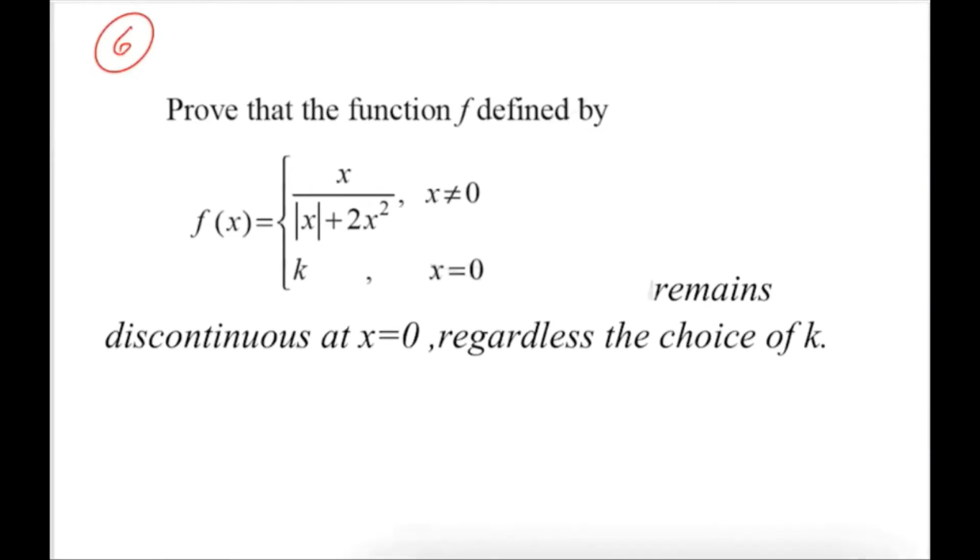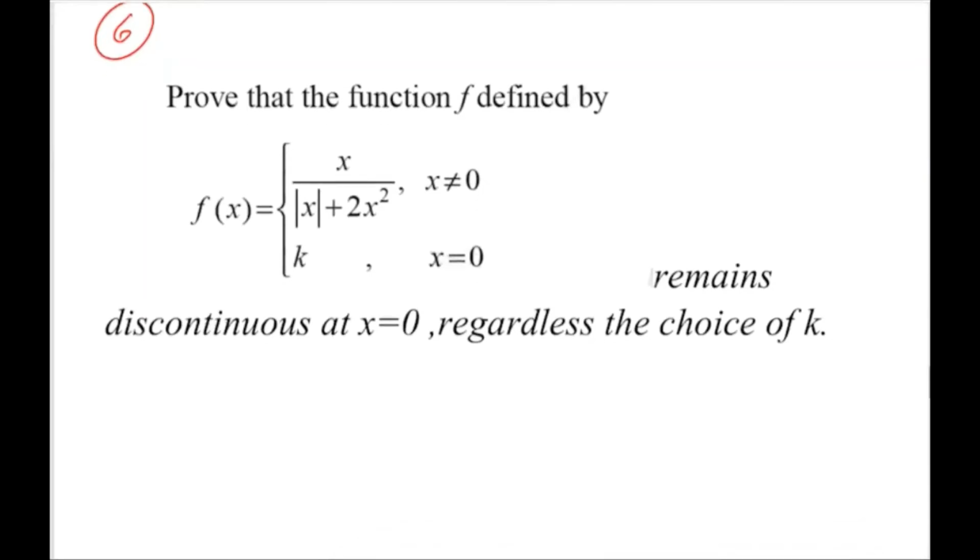Here, first we shall find the limit of the function at x equal to 0. Here, mod x is not a factor of the function. It is in the denominator. So we need to find left-hand limit and right-hand limit separately.